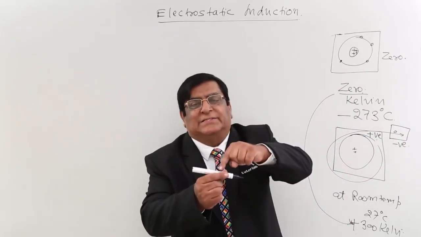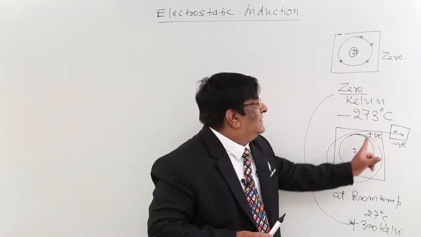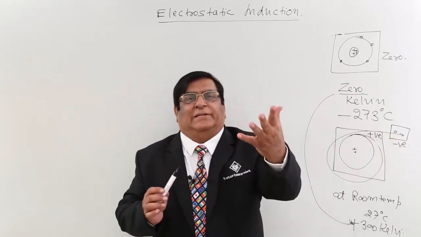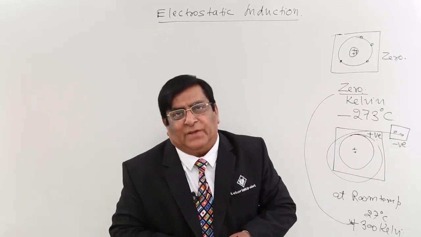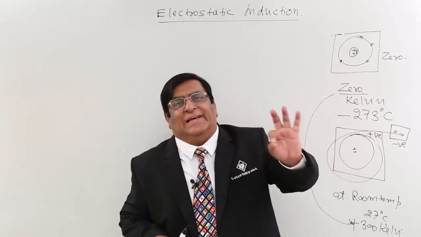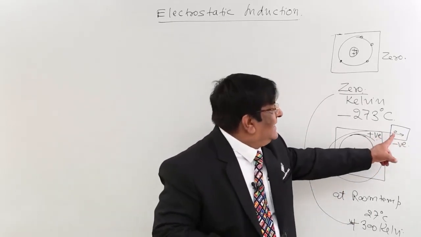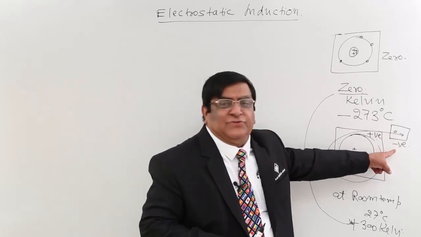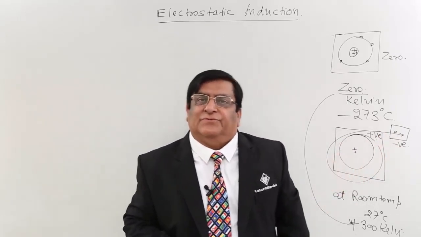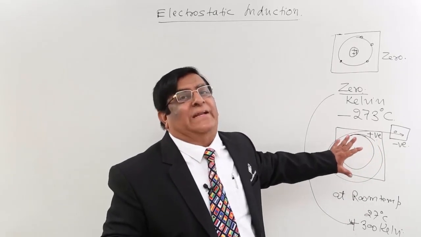But in this there are a few particles which are positively charged and a few particles which are negatively charged. In any body this happens; the number may be more, less, very less, but there are certainly certain negative charges and certain positive charges. This is the condition mostly for metals.